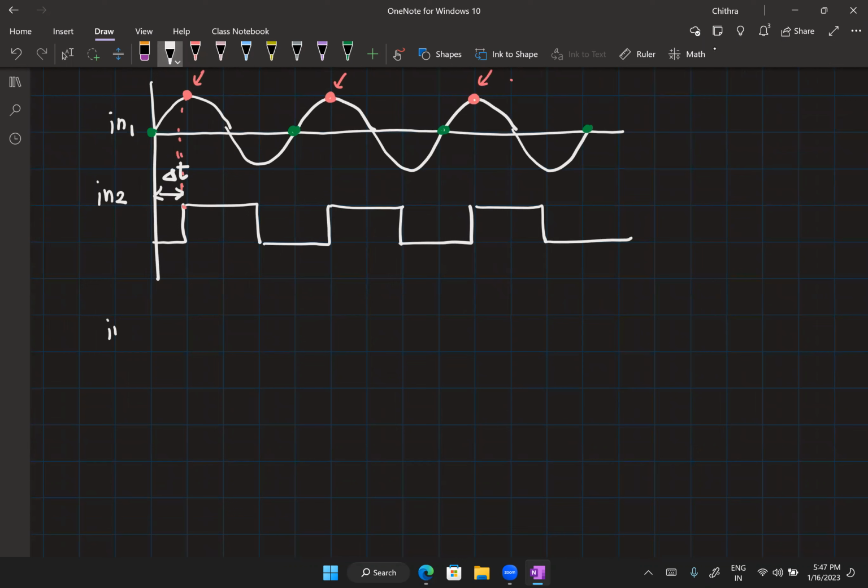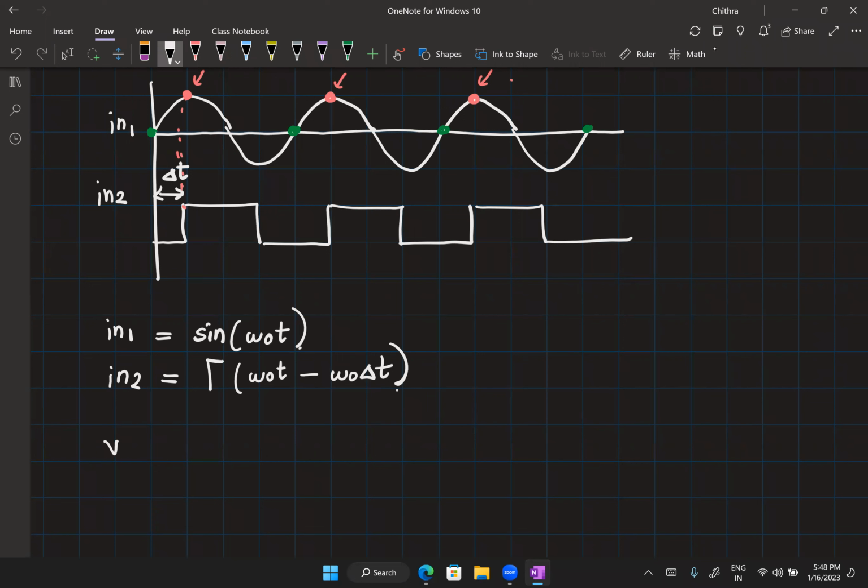Okay. So let's see if that comes out of the maths. I'm going to call my in1 some sine waveform, sine of omega naught t. Let's say my in2, which is a square wave, I'll simply represent it as some gamma of omega naught t minus omega naught delta t. Okay.